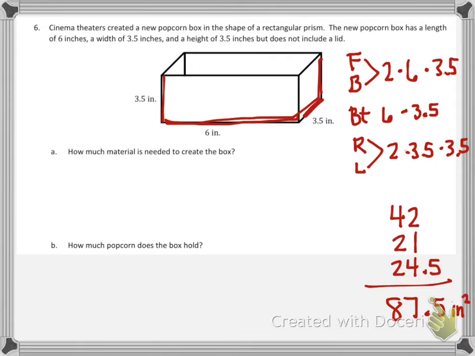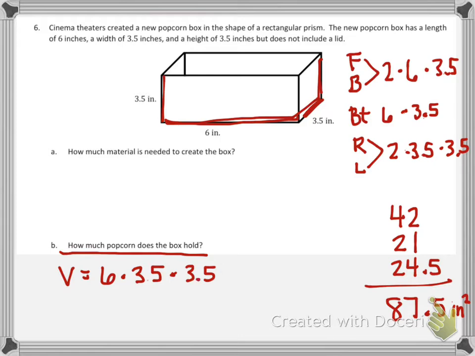And then we'll need to know how much popcorn it holds. So the amount of popcorn it holds, if we fill it right to the top and no overflow, will be the volume. So we're going to do volume equals length 6 times width 3.5 times height 3.5.